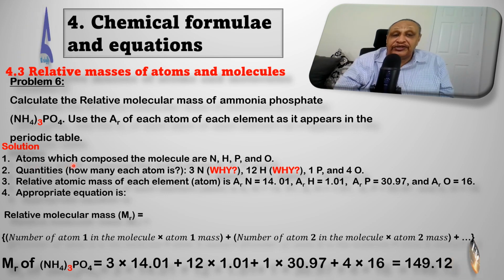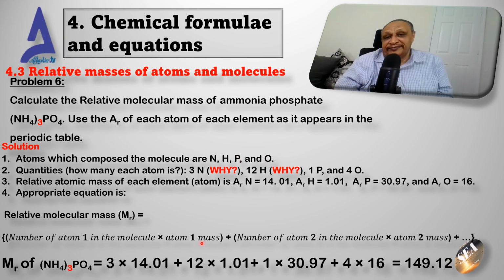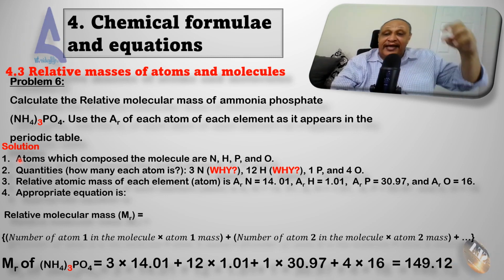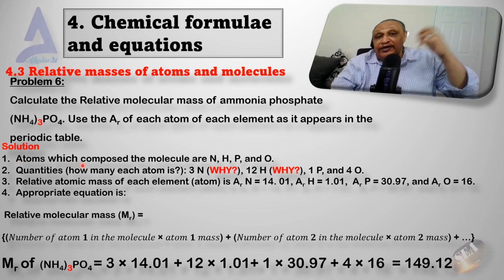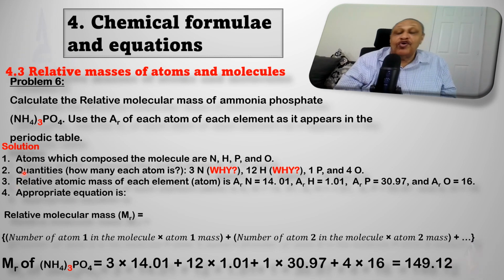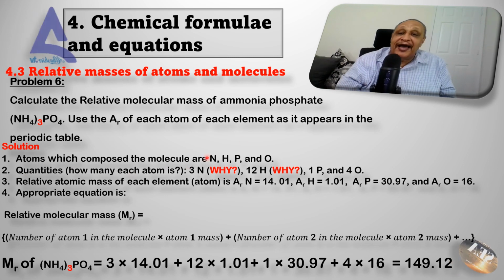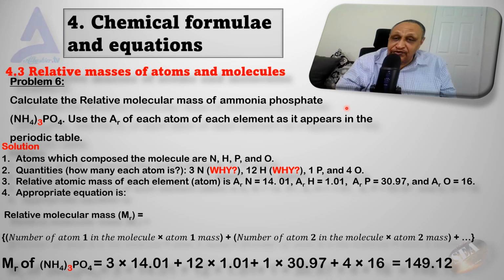The atoms which compose the molecule are nitrogen, hydrogen, phosphorus, and oxygen. So I determine the atoms that are part of this molecule. Second, quantities. How many of each atom? So I have 3N because I'm going to multiply this 3 by 1N. It's going to be 3N, and this is the answer of why it is 3N.